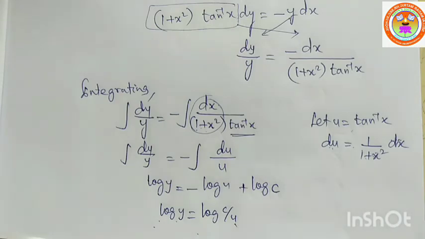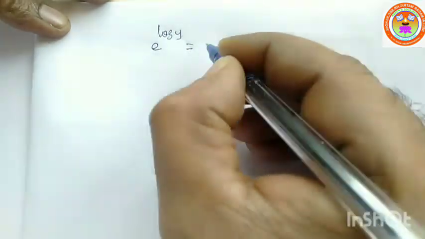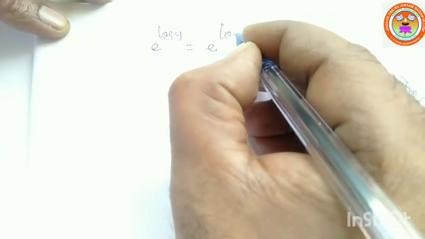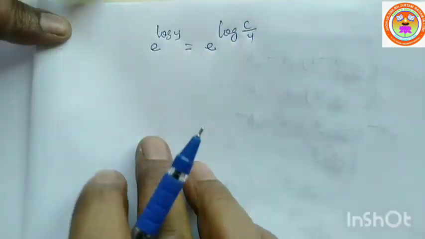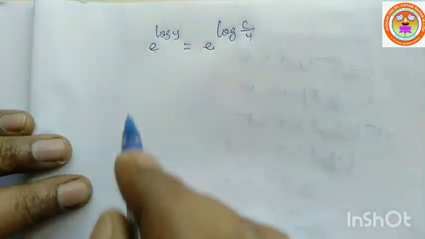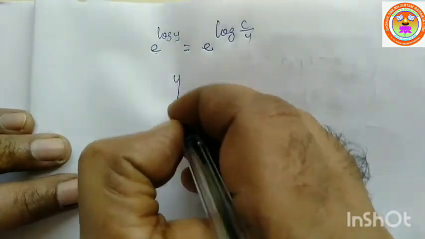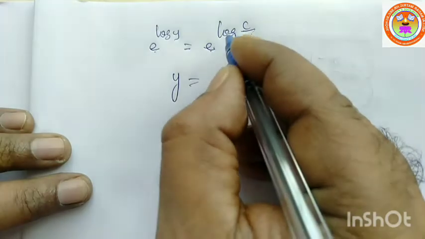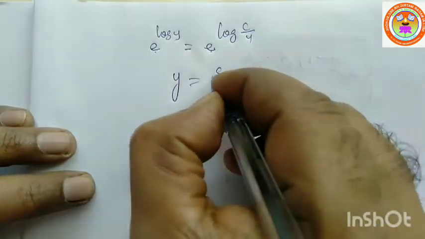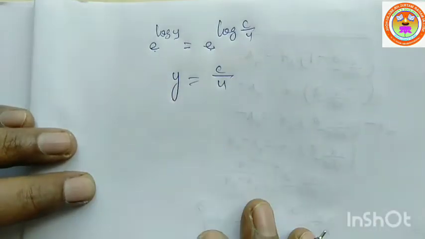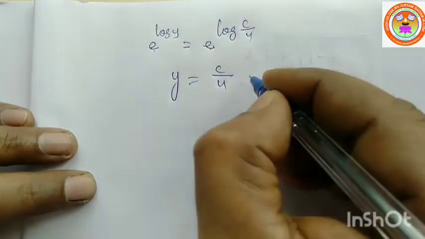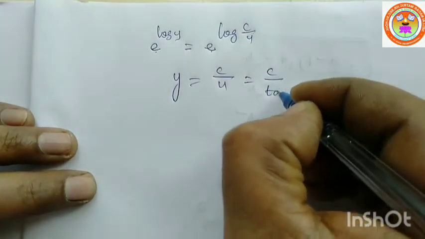Okay? Therefore, we apply exponentiation: e power log y is equal to e power log of c by u. The e and logarithm get cancelled, so y. Here also e and logarithm get cancelled, so we get c by u. But what is our u? u is tan inverse x.